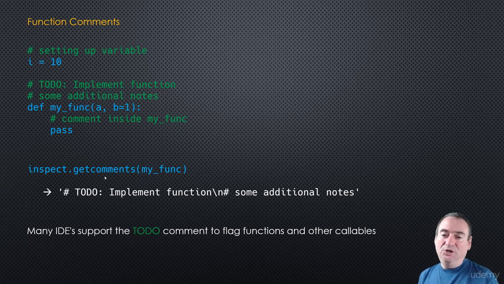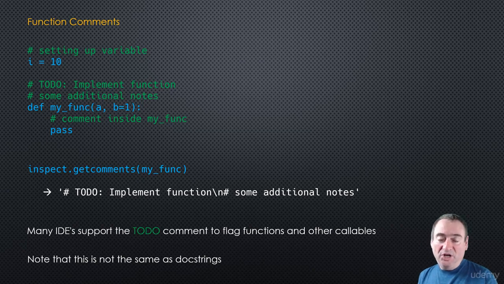Or maybe you work in a team and people put to-dos in there, and you update your local repo, and you need to know, okay, what do I need to work on? Maybe you do that using the to-dos, and you can certainly use getcomments for the different functions to see which ones have to-dos associated with them. So there are kinds of things like that you could do.